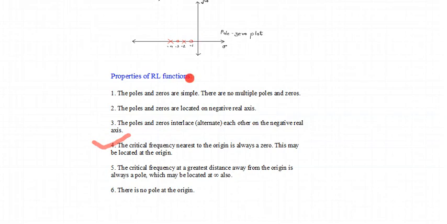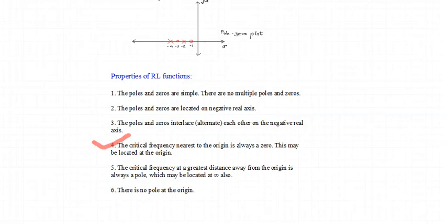So in an RL function, always it is the zero which is closest to the origin, and always the poles are far from the origin. Closest one is always a zero. There is never a pole at origin. So at origin you will never have a pole in case of RL functions. So these are the characteristics of RL functions.